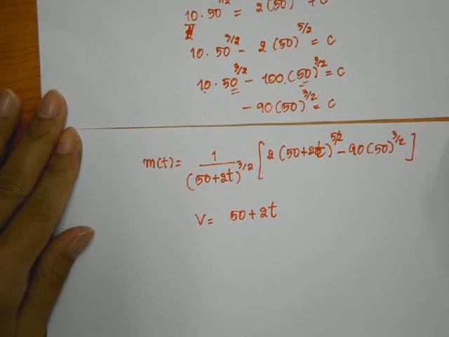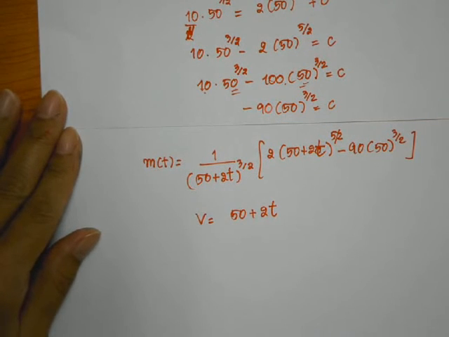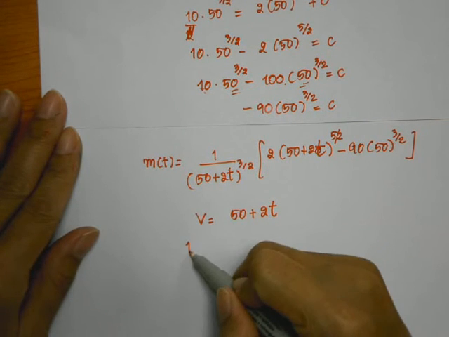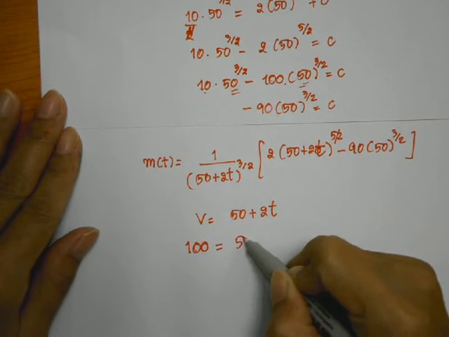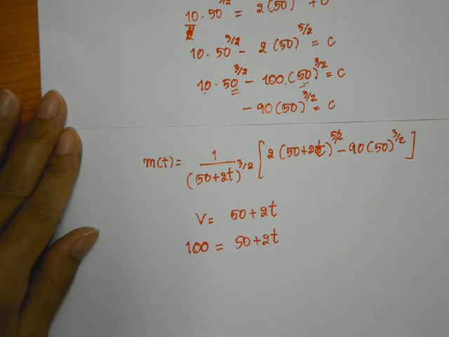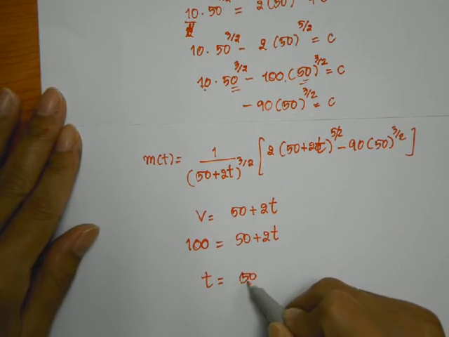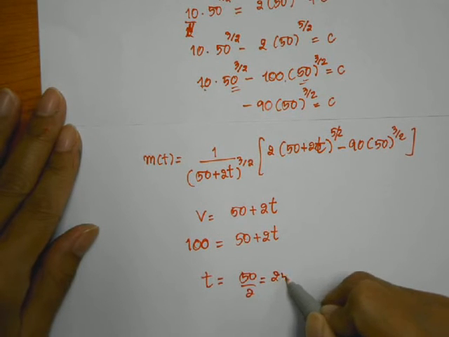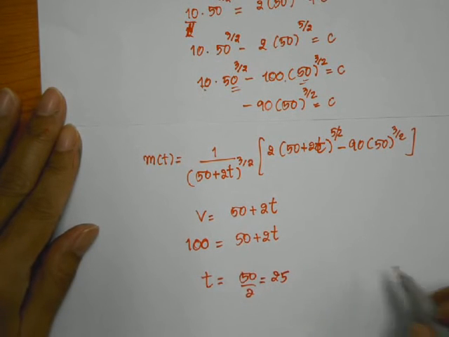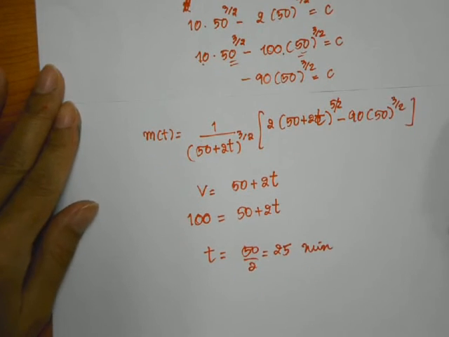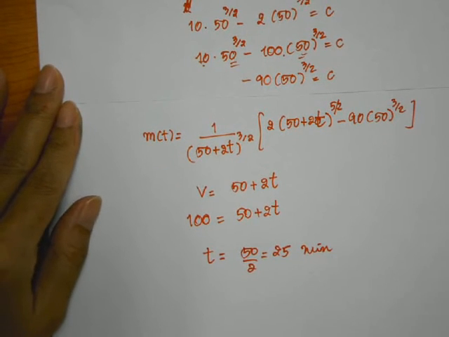We know that the full capacity of this tank is 100 gallons. We just put 100 there, and then we can find t. t is equal to 25 minutes. So that means when it has run for 25 minutes, the tank is full.